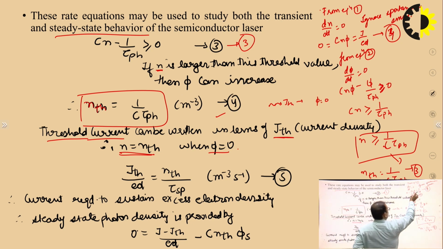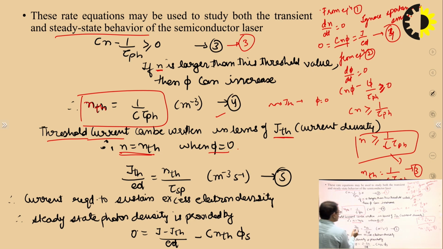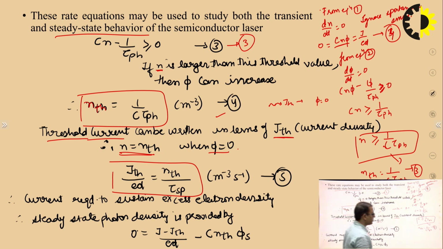That means this term equals 0, that is J by eD. Equate number 3 and 4. You will observe that JTH by eD equals NTH upon tau SP. Clear? And this is equal to JTH upon eD equal to NTH upon tau SP.